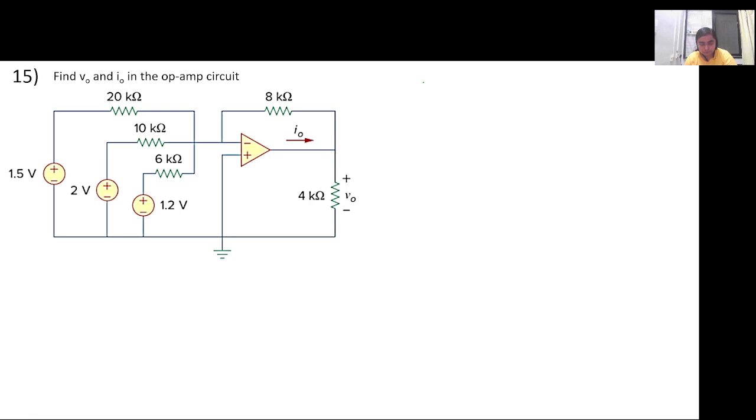Ma'am, is it 3.8 volts? Just hold on. With a negative sign, right? Yes, ma'am, minus. Yeah, right.